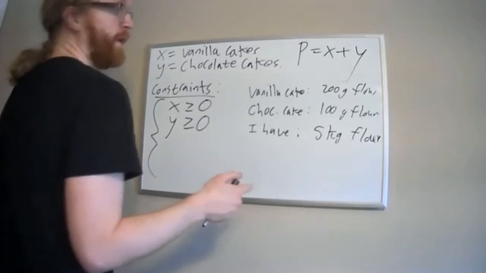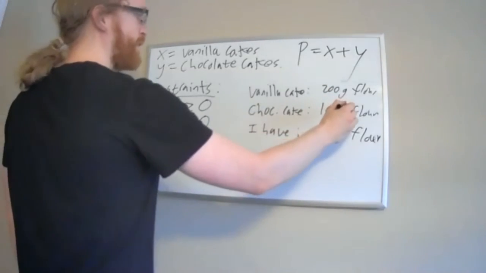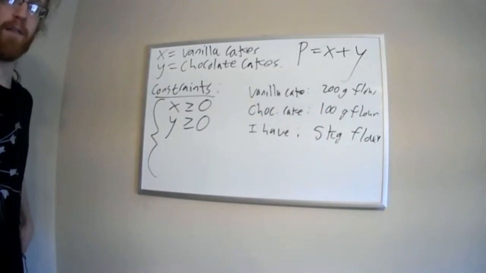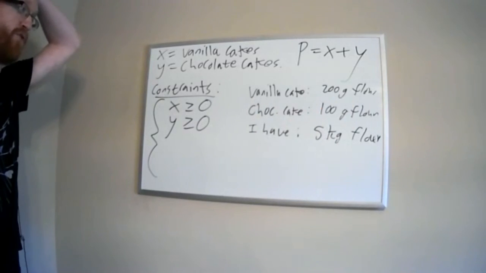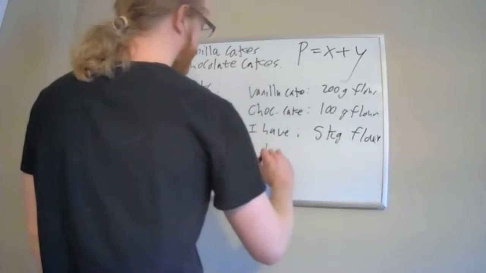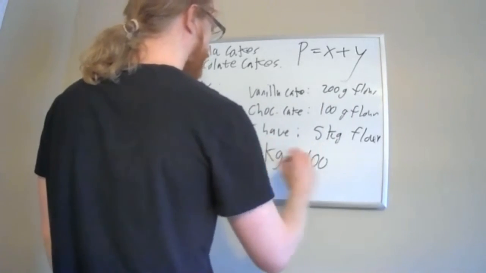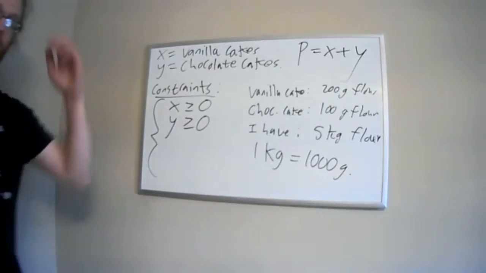So there's a bit of choice here. I could either convert grams to kilograms or I could convert kilograms to grams. It doesn't actually matter, but once you make a choice, you have to be consistent. The choice that I'm going to make is let's convert kilograms to grams because that just feels more natural to me. And all we need to do is just remember that kilogram is 1,000 grams. So 1 kilogram is 1,000 grams. The prefix kilo means 1,000.